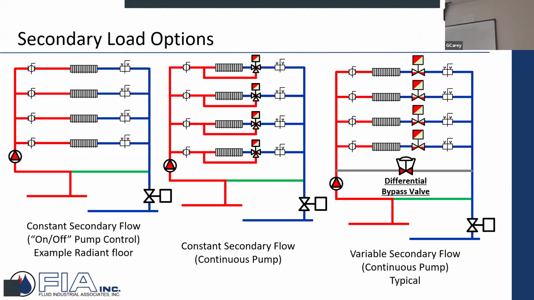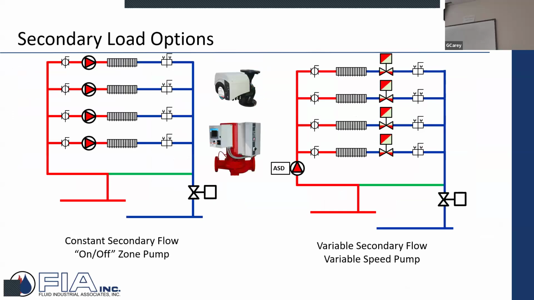So again, you can get into all kinds of scenarios, and that's what they would do. You get into VFD drives on the pumps we talked about earlier, the eco circs that have the drives right on board the pumps, and they might have control valves either on, off, or modulating, and these pumps can respond to the pressure differential for energy savings.